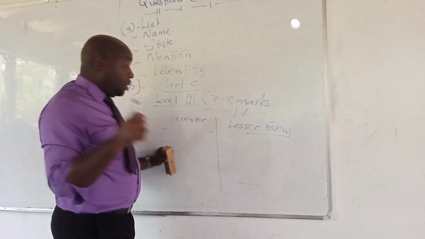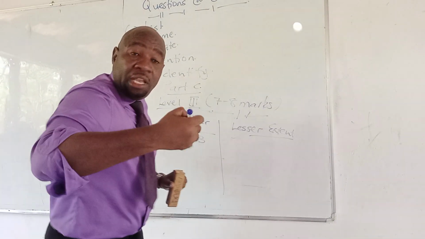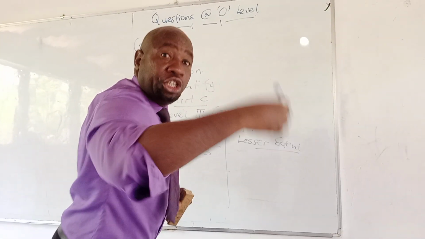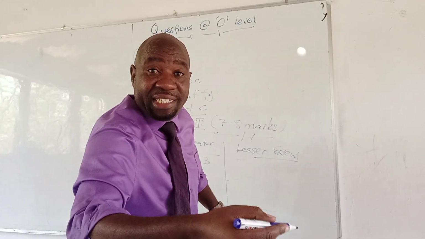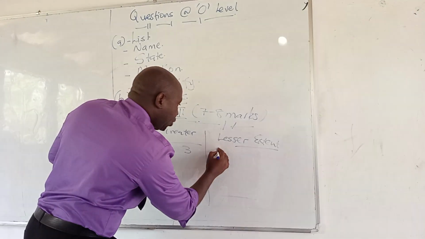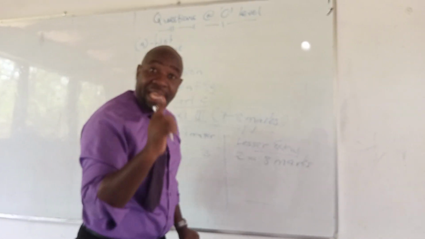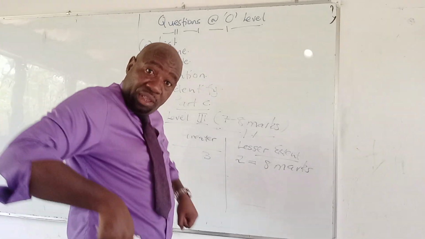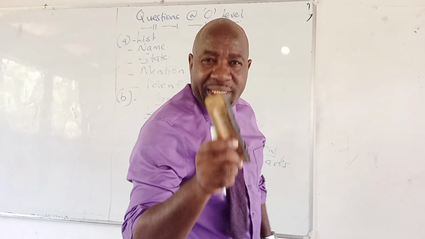If you write 3 points under to a greater extent, Germany, Germany, Germany, then on the other side you say, however, to a lesser extent, Britain, Austria-Hungary, 2 points, so 3 plus 2, you get 8 marks. Your answer has judgment, 3 points on this side plus 2 points on the other side, and with judgment you get 8 marks.